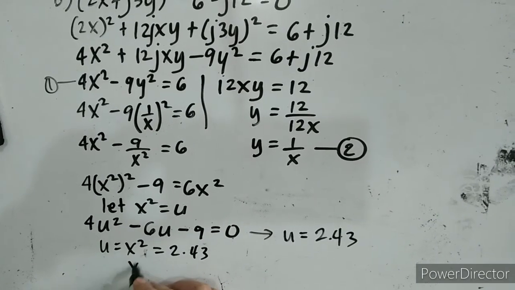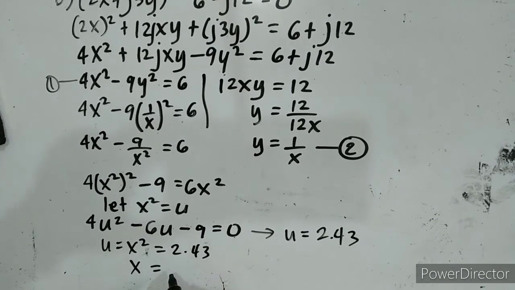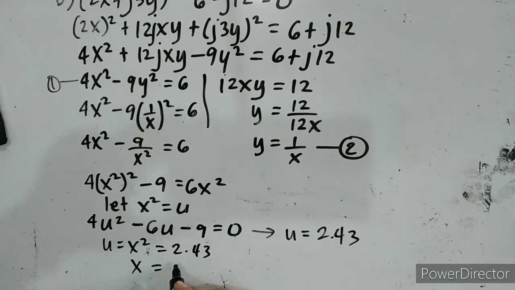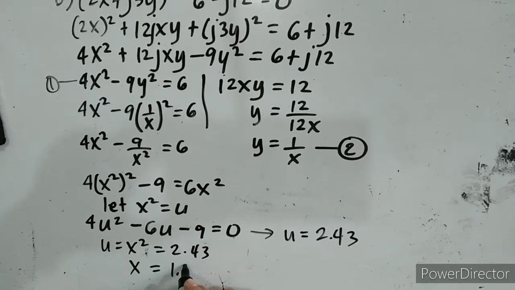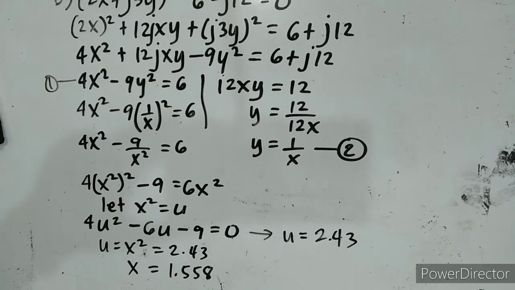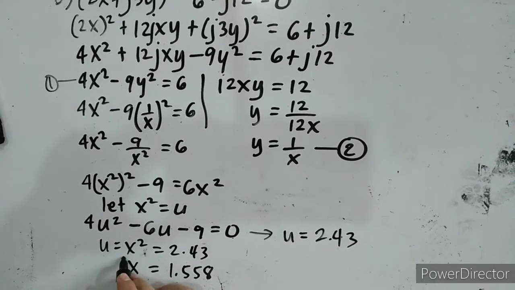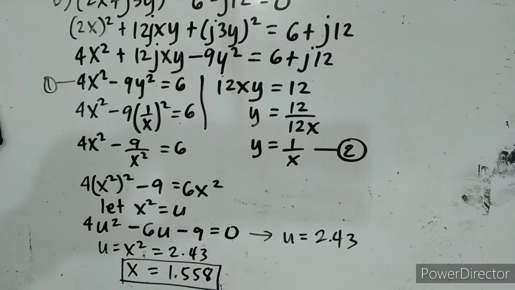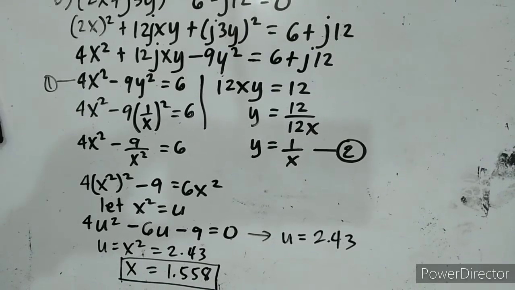We have x now equals the square root of 2.43, which is approximately 1.558. Okay, so this is now our x value.